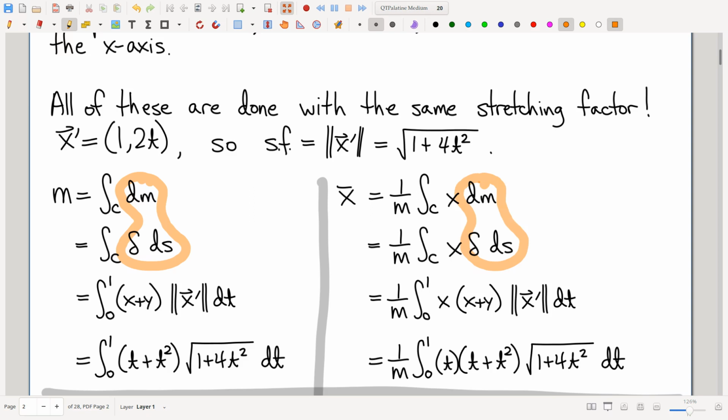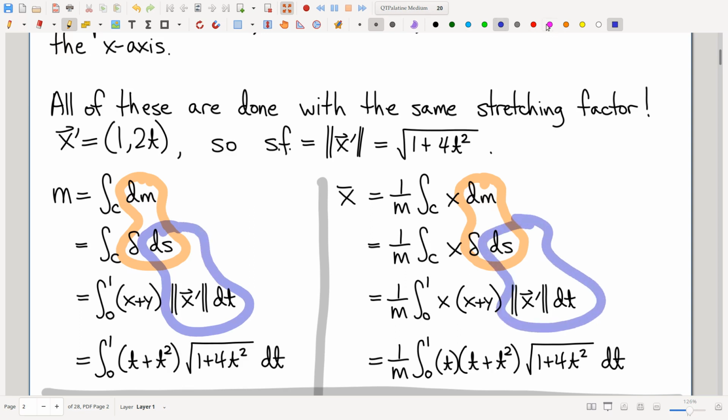So that part of it is dealt with the same way. Okay, that stretching factor allows me to rewrite the ds in terms of dt. Same stretching factor. Fits in the same way for both integrals. Is that cool?